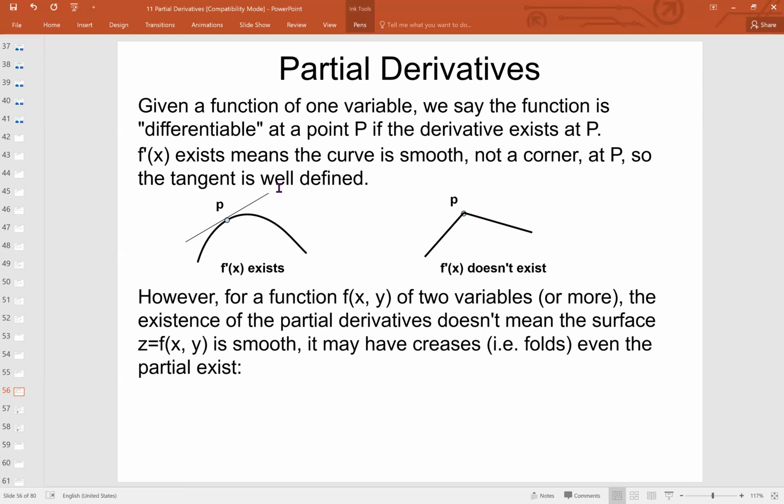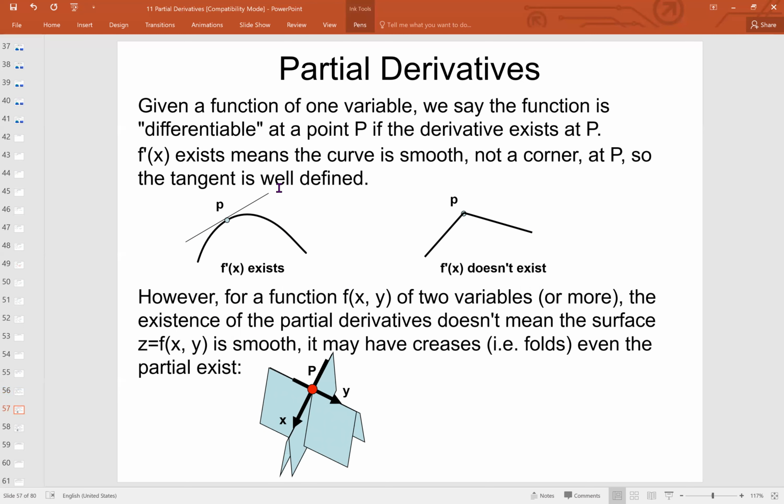If I'm standing on a surface, there are infinitely many directions. In the case of a line in the picture, there's only left and right. But on a surface, everywhere there are 360 degrees of directions.